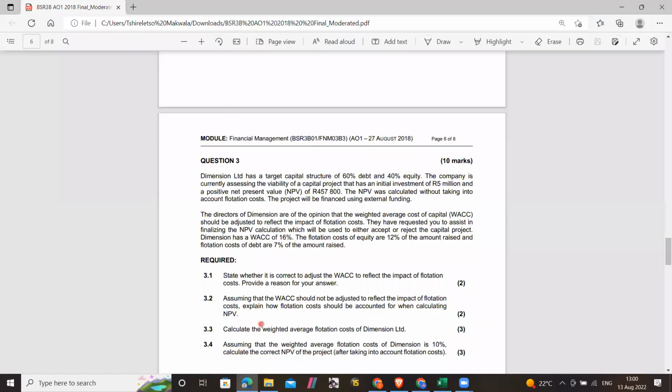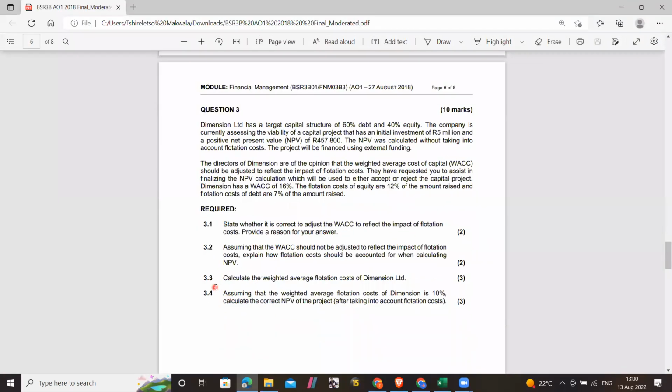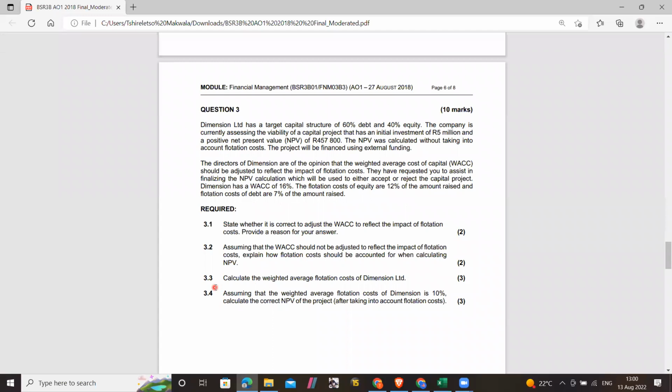Can continue. Then 3.3 says calculate the weighted average flotation cost of Dimension Limited. So this is where this weighted average flotation cost comes in. Flotation costs are issuing costs and underwriting costs, so costs basically to get that financing.